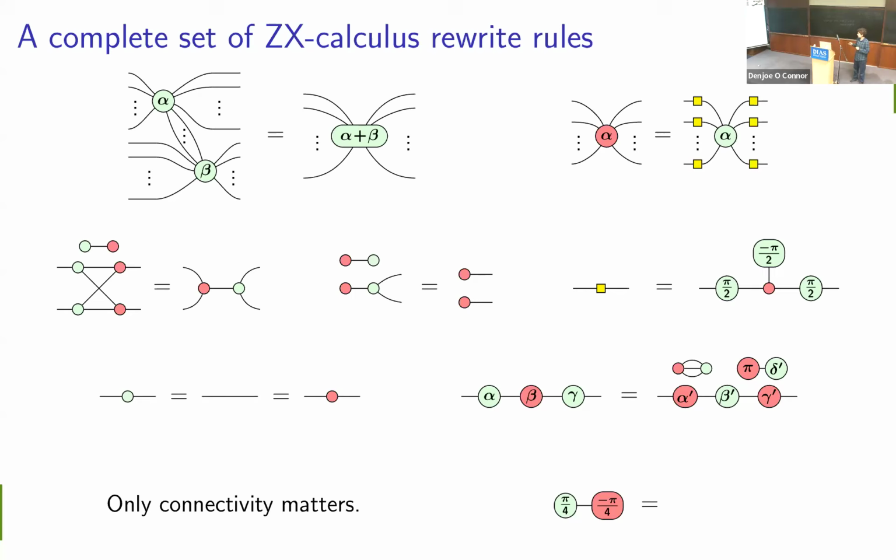But for example, for the fragment where all of our phase angles are multiples of pi by 2, we can't use this rule, we have to replace it by something slightly different. In that scenario, this is the so-called Clifford fragment or stabilizer fragment of qubit quantum mechanics. And that is something that has been known for a long time to be efficiently simulable on a classical computer.